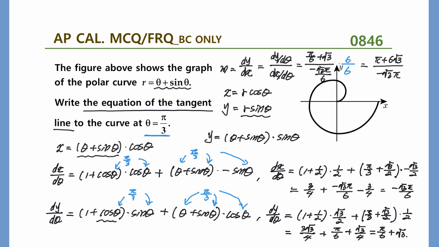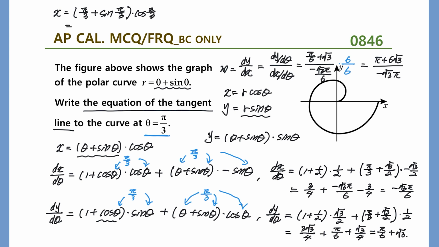to pi over 3. So x is theta plus sine theta times cosine theta. Let's write right up here. X, when theta is pi over 3, is pi over 3 plus sine pi over 3 times cosine pi over 3.